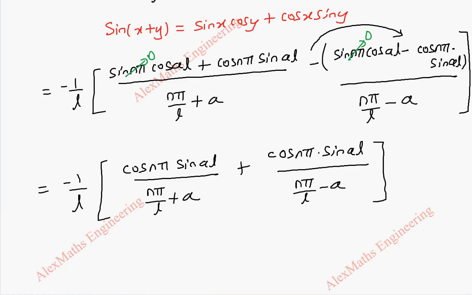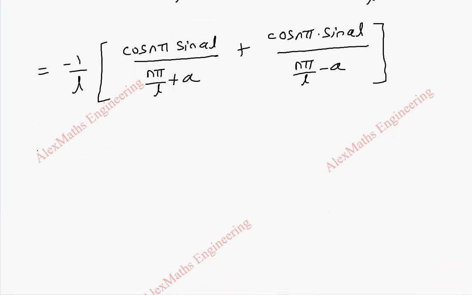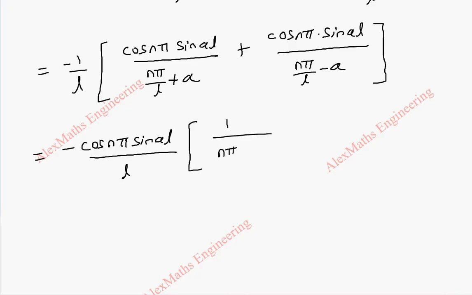Now the common terms we can take outside the integration, which is minus cos n pi into sine AL whole divided by L, and here we have 1 by n pi by L plus A plus 1 by n pi by L minus A. We can take LCM, and before that there is a minus sign.